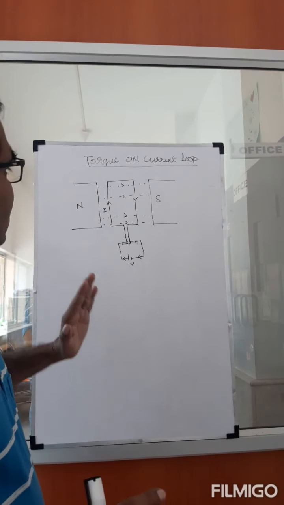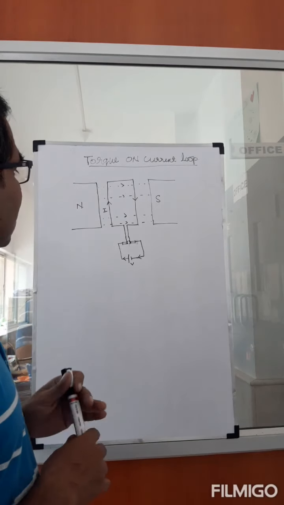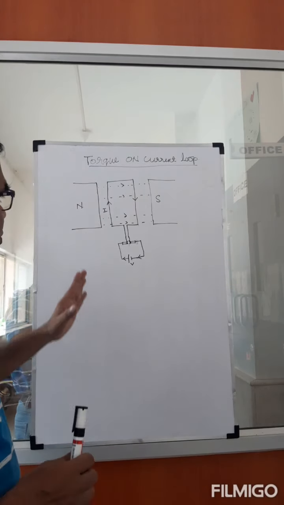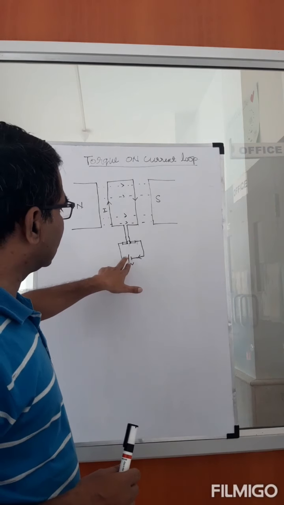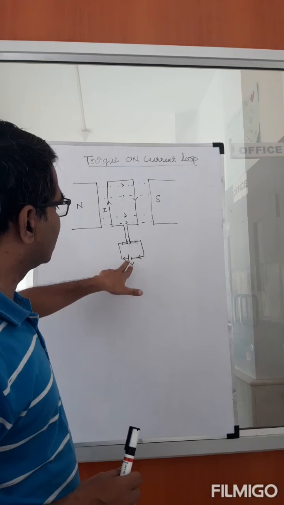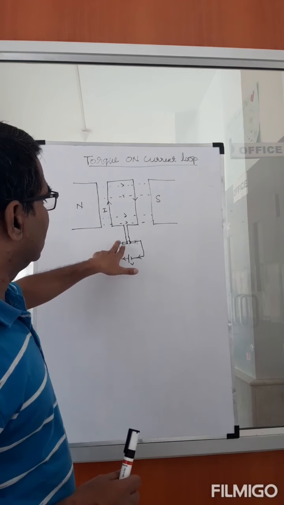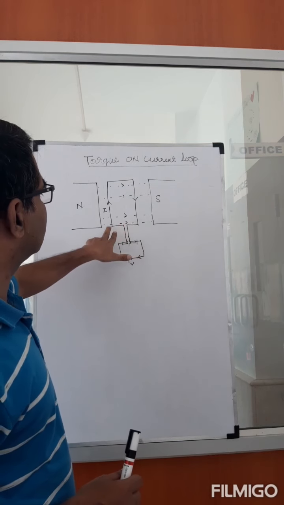Now let's see what will happen when current flows through this. Suppose you close the switch here, so the current starts flowing through this loop. It will start from the positive terminal and then flow through this part.